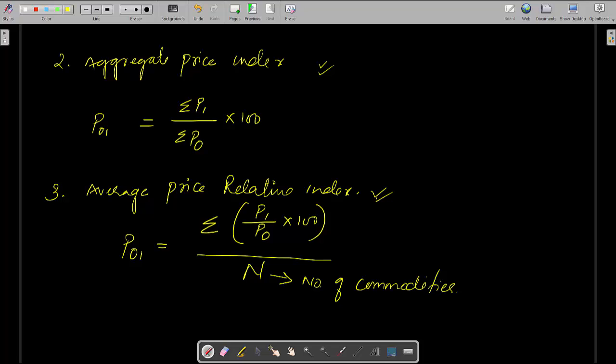So here in the first question, 2017 and 2014 are given and we're asked to use 2017 as the base year. I want you all to take out your notebook and let's solve the sum. Question number 1, practical question.